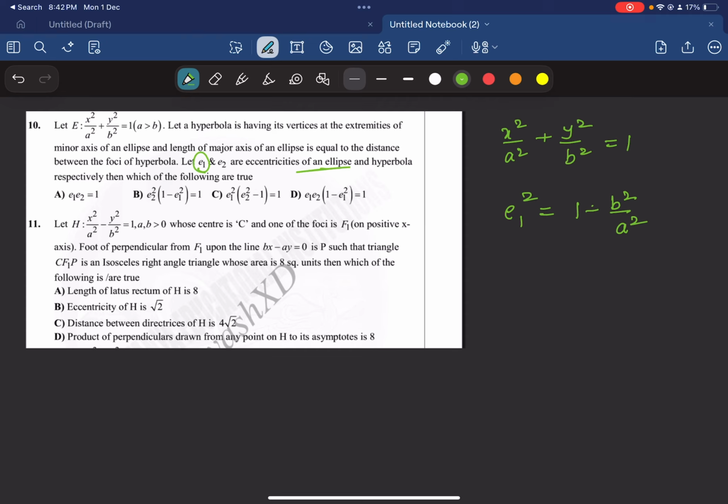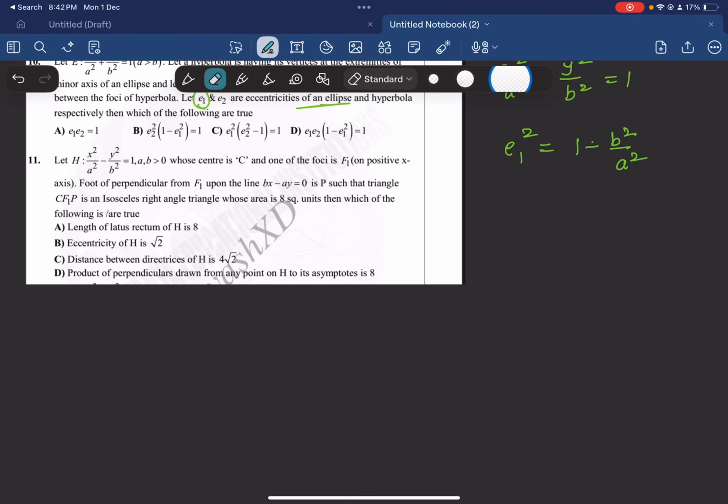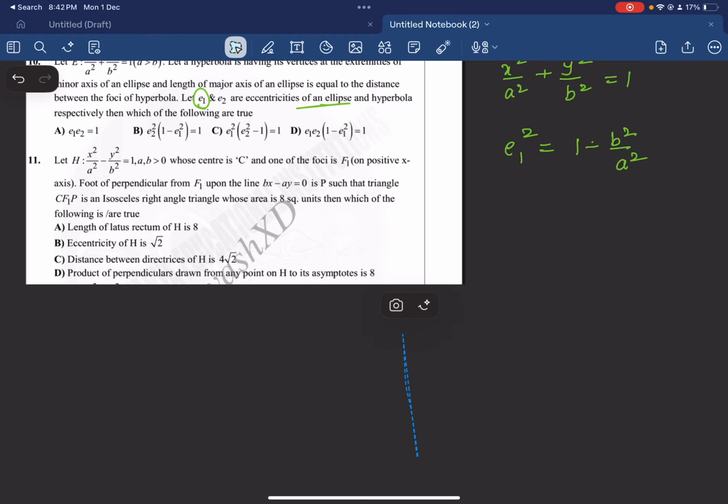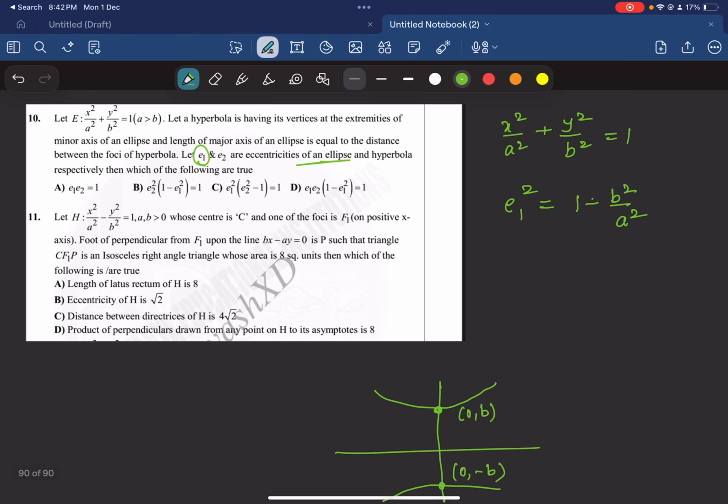Now let a hyperbola have its vertices at the extremities of the minor axis of the ellipse. So your minor axis of the ellipse will be along the y-axis. The vertices of the hyperbola are at the endpoints of the minor axis, so there is one at 0 comma b and one at 0 comma minus b.